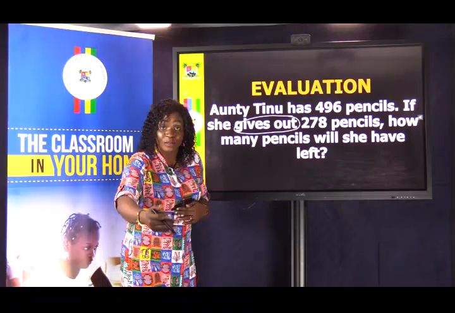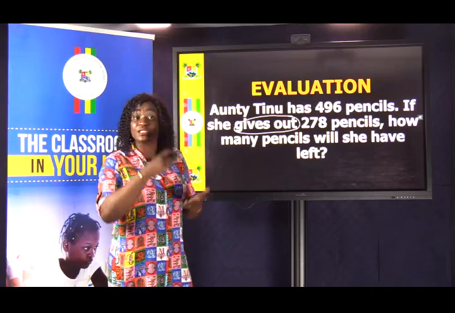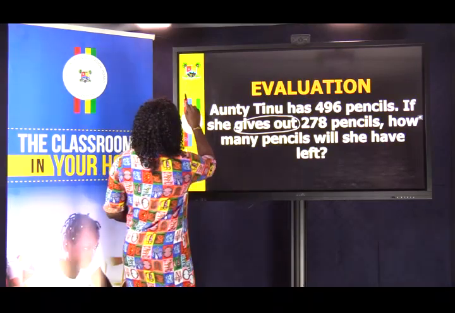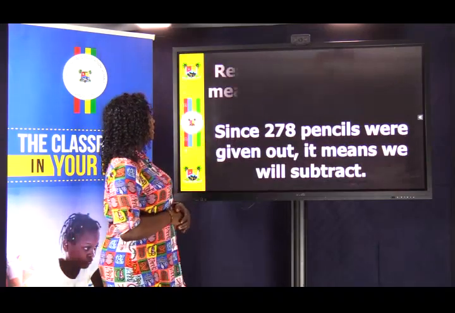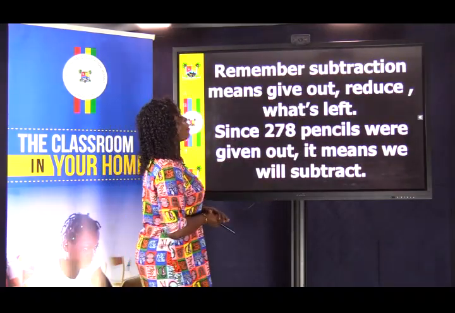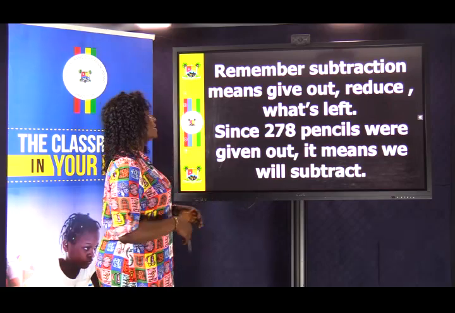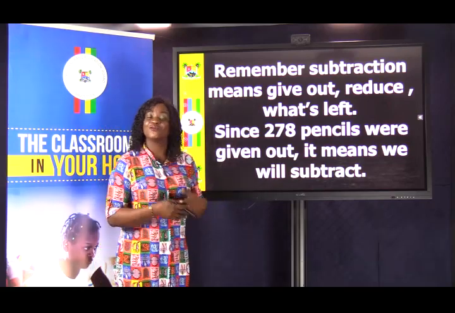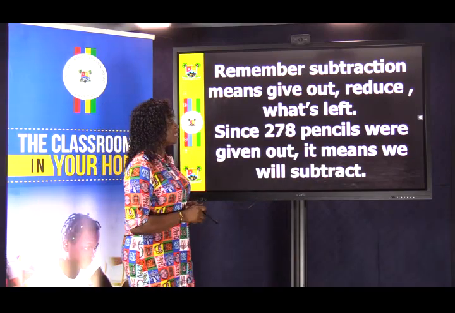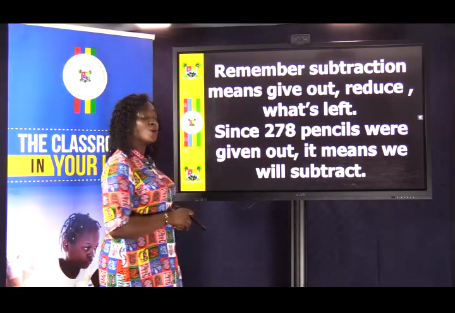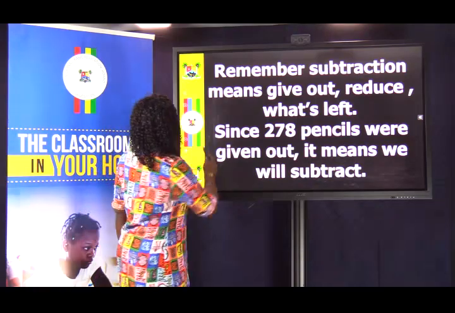If I give out, will the number with me increase or decrease? Remember, subtraction means to give out, to reduce, and what's left. So since 278 pencils were given out, it means we will subtract.